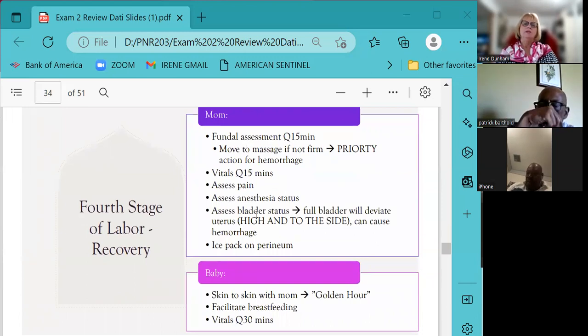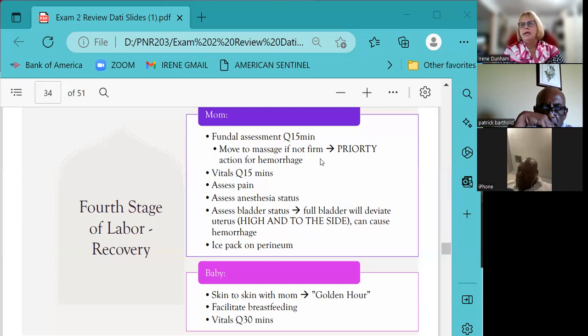Recovery. So what do we have to worry about in this stage? I have to worry about the fundus being firm. I want to do a fundal assessment every 15 minutes, because if the fundus is not firm, she will hemorrhage. If she's soft and boggy, she'll bleed, so I'm going to do the fundal massage.